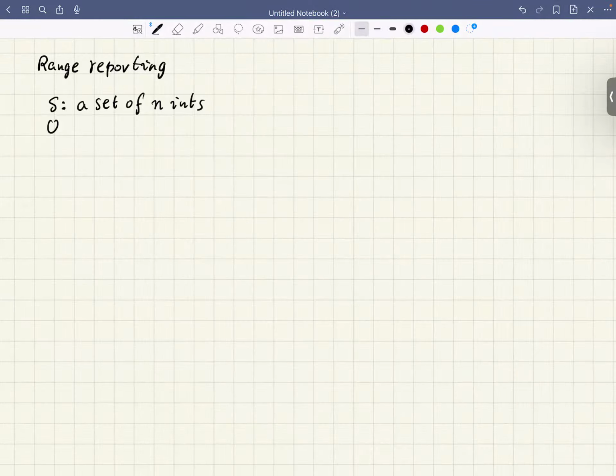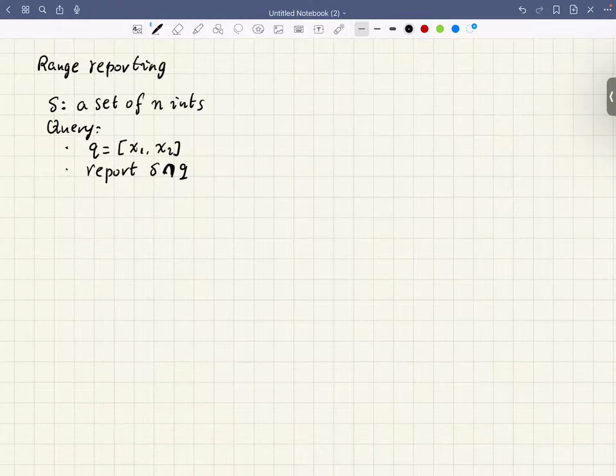A query is an interval, let's say from x1 to y1, and you want to report everything in the data set that falls inside the interval. Clear to you, right?